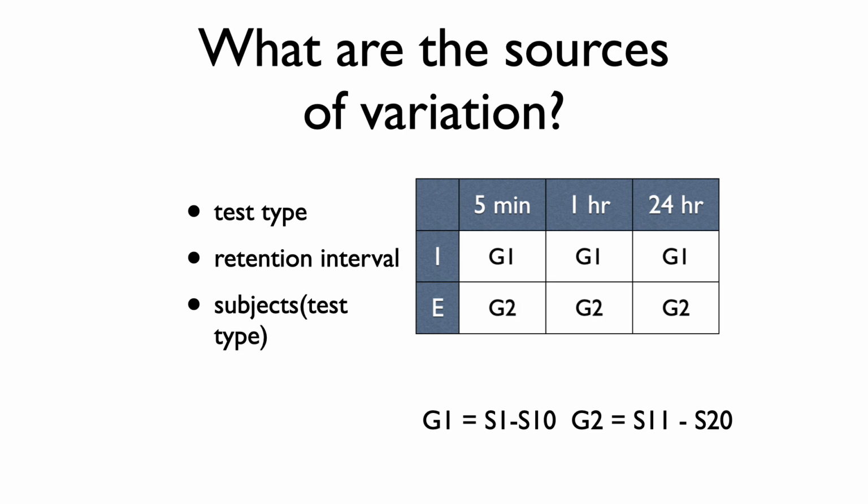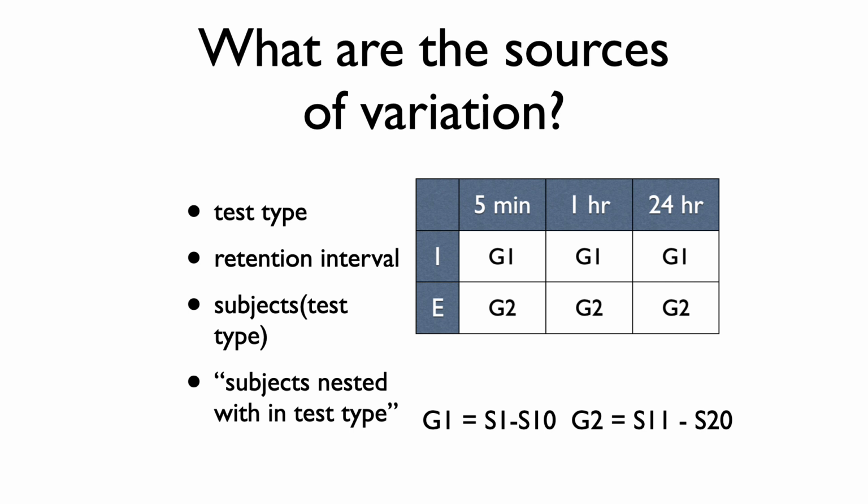Okay, that's harder. That's new. That's different. Subjects within test type. The brackets mean within. In fact, more technically, you would say subjects nested within test type. You see what it says, nested within? Because they're inside it. Because different subjects are in this kind of test, the implicit, and different subjects are in the explicit.